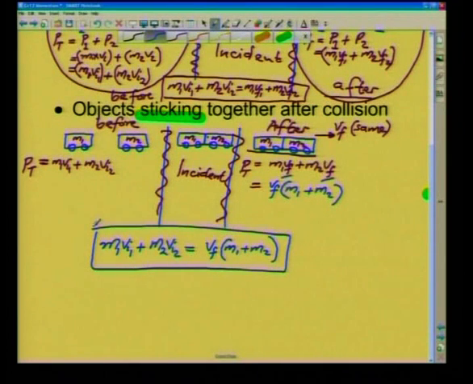So that becomes your second situation where objects stick together after collision. That's how we can work it out, or that's how you should try and understand it.